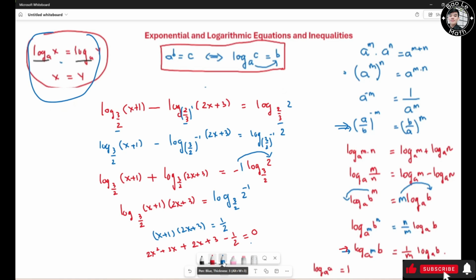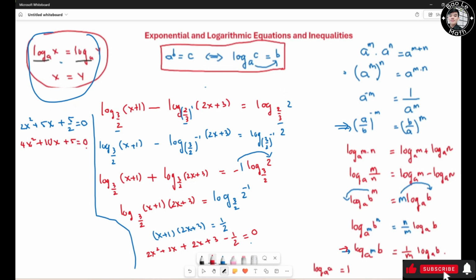And then I'm going to combine like terms, so I have 2x squared plus 5x plus 5 over 2 equal to 0, right? Now I need to multiply both sides by 2, so I have 4x squared plus 10x plus 5 equals 0, right?